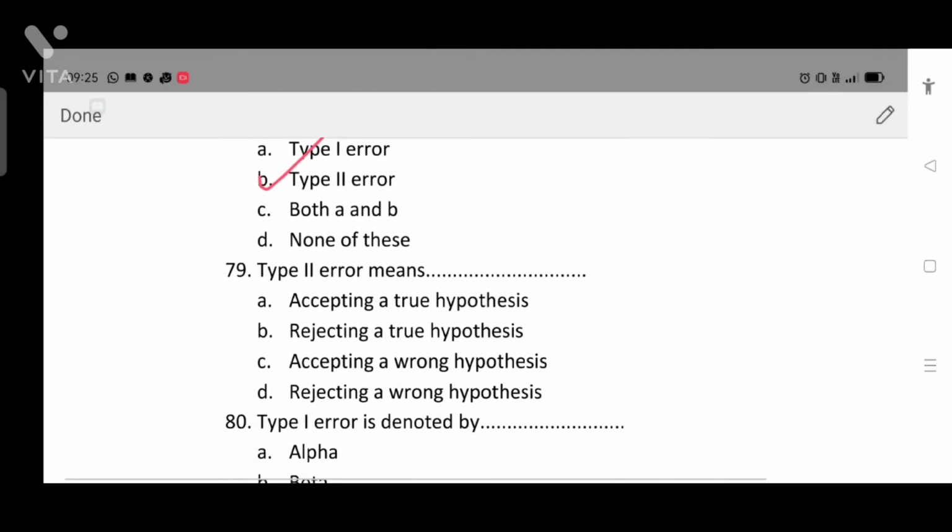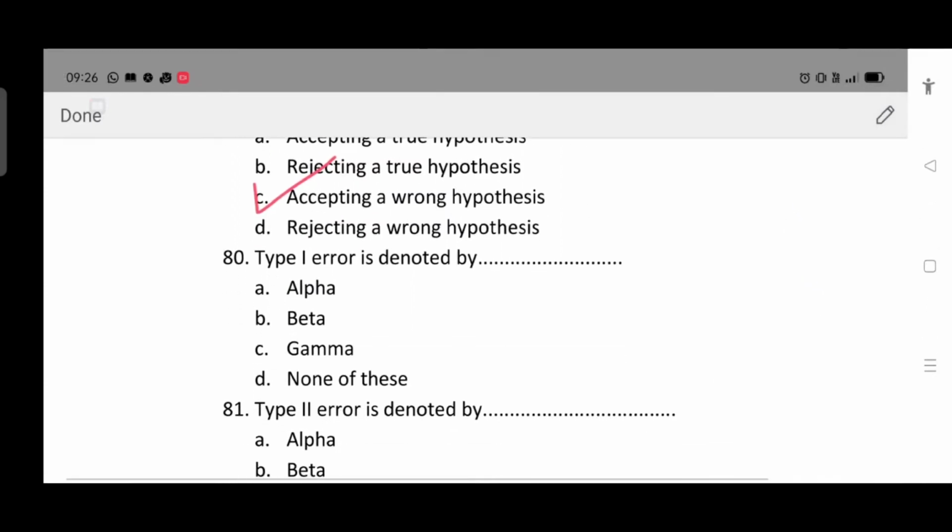Type 2 error means what? A, B, C, D. Answer C, accepting a wrong hypothesis.